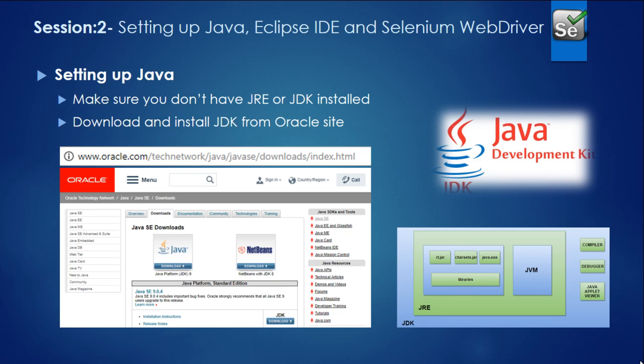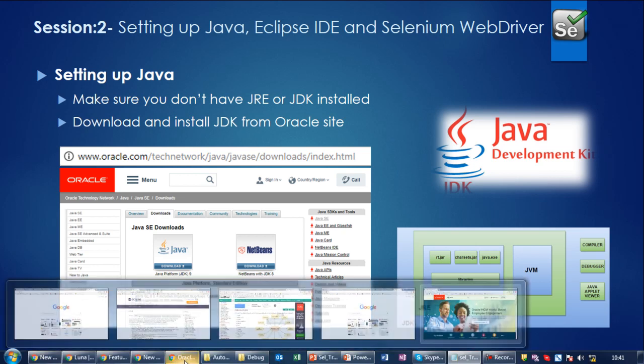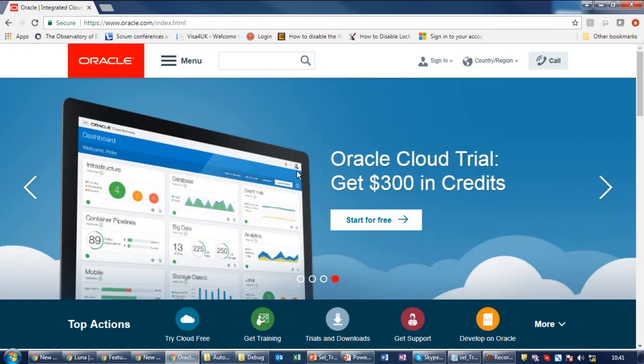So if you have a clean system, you can go to the Oracle site and then go to the downloads option and download the JDK. The latest version is version 9. So let's go to the website and review the options from where we can download the JDK.